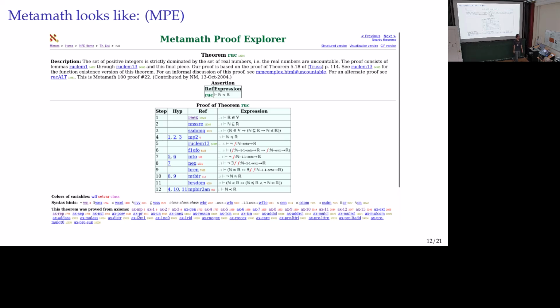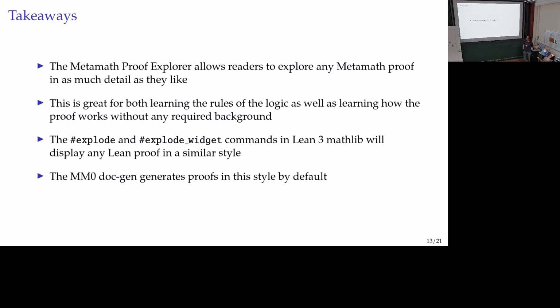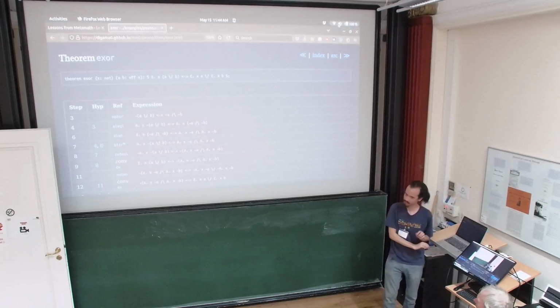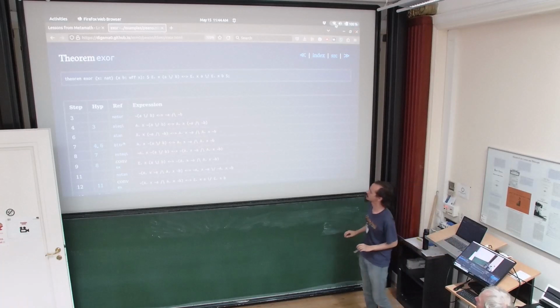Maybe use some machine learning or something to figure out how to find what's interesting. And the zero docgen generates proofs in the style by default. I actually have an example for that. I forgot to, well, okay, you can still see this.